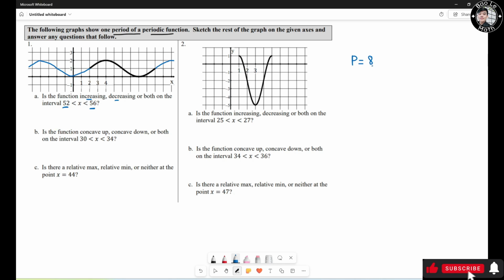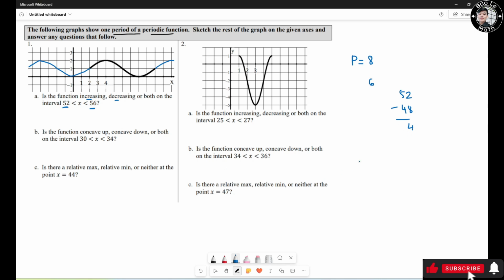Now how many times does 8 go into 52? It's going to be 6 times. So 6 times 8 is going to be 48. 52 subtract 48 is going to be 4. So the remainder is 4.